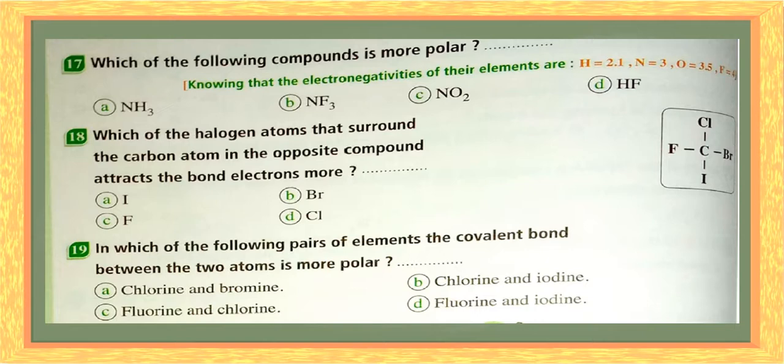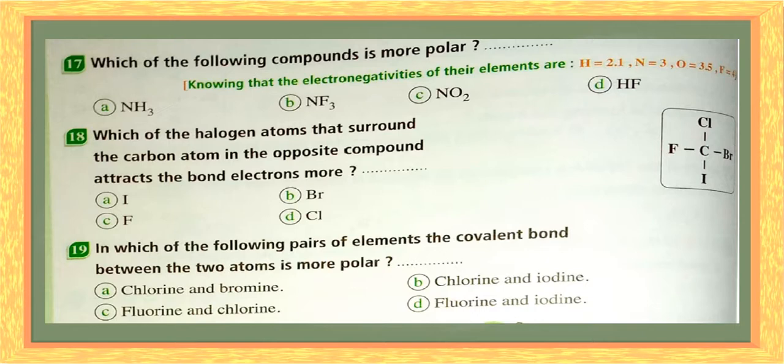We will make the difference between N and H: 3 minus 2.1 gives 0.9. N and F: 4 minus 3 gives 1.